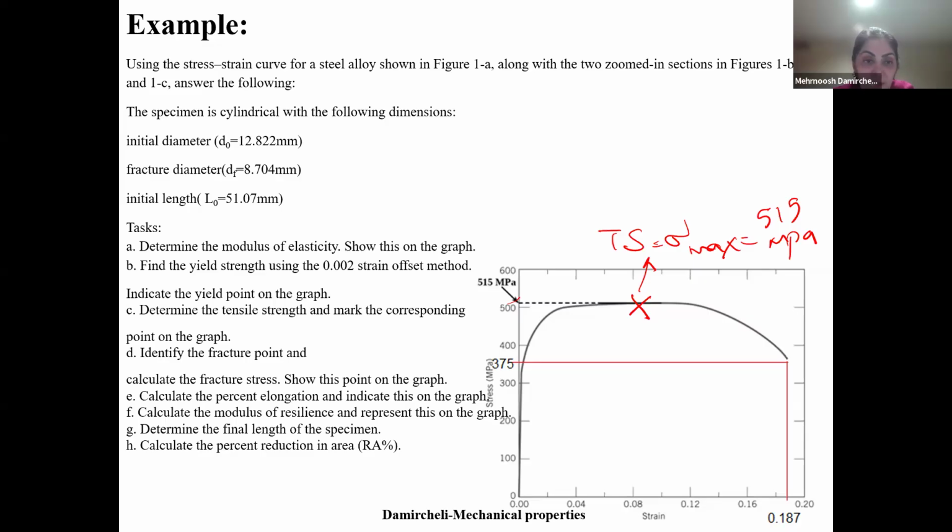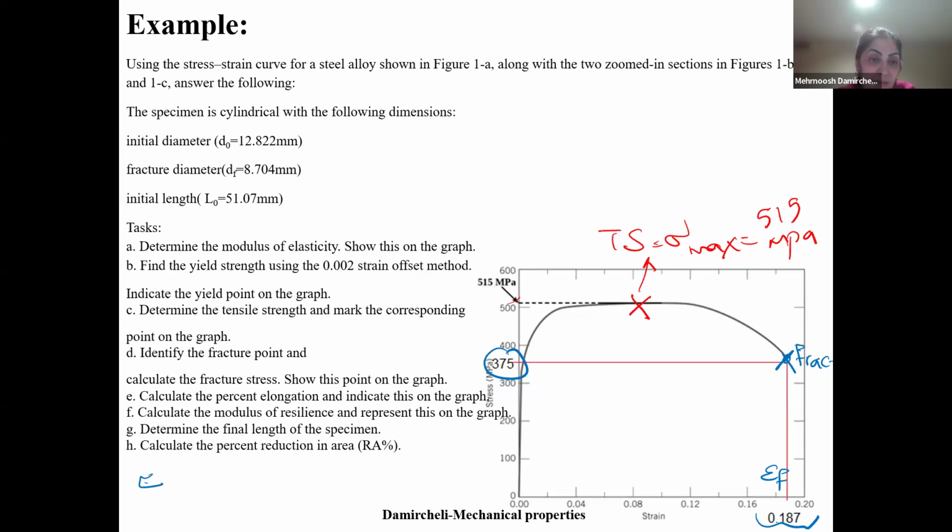The fracture point definitely is the end point of the graph, so it is the fracture. The sigma is 375 and the strain at fracture, or epsilon F, is 0.187, okay?